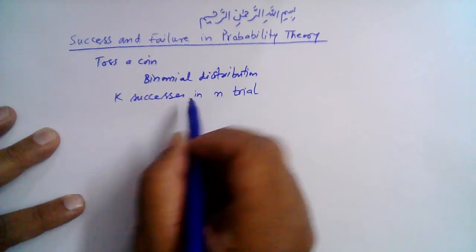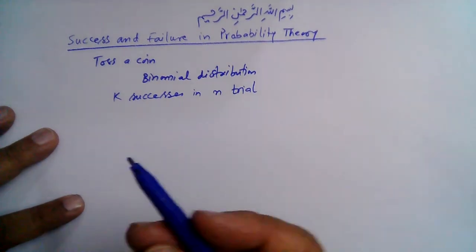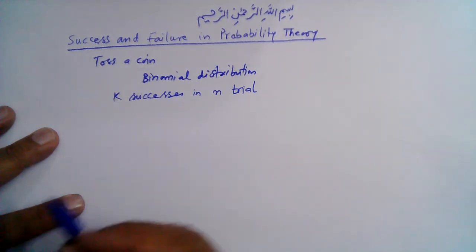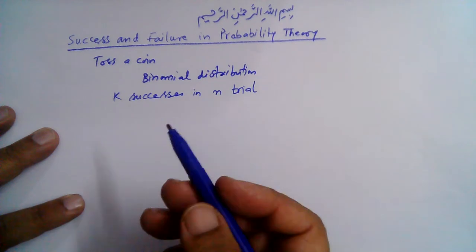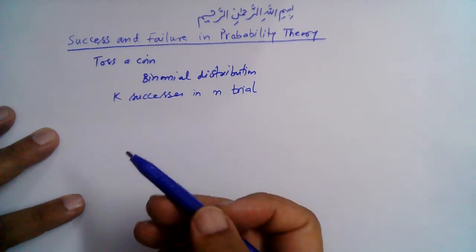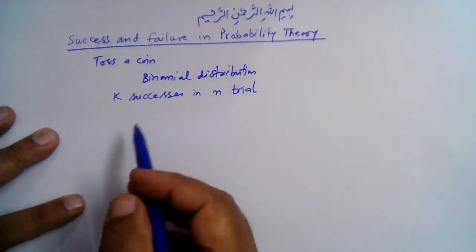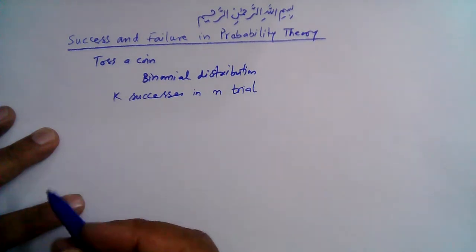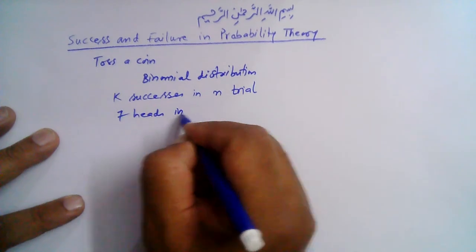So the use of the term successes here is again relative. Let's consider a situation. We are tossing a coin 10 times and we are looking for 7 heads. So 7 heads in 10 trials. So that is 7 successes in 10 trials. That's okay. But now consider another example. 7 heads in 10 tosses, right?